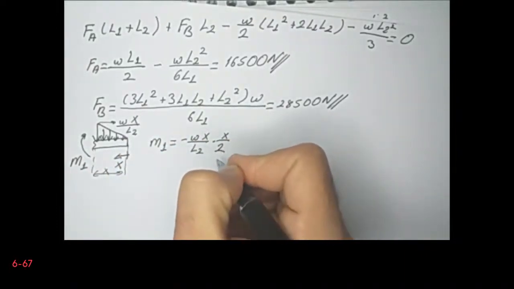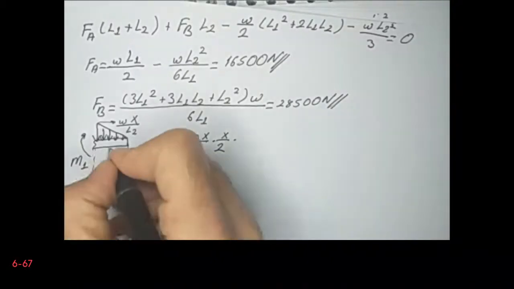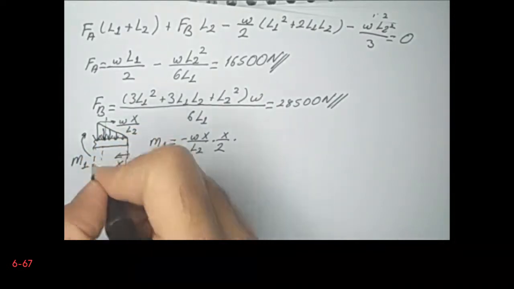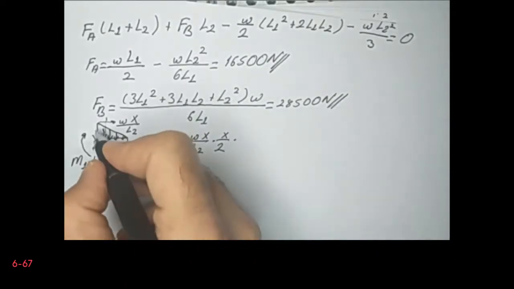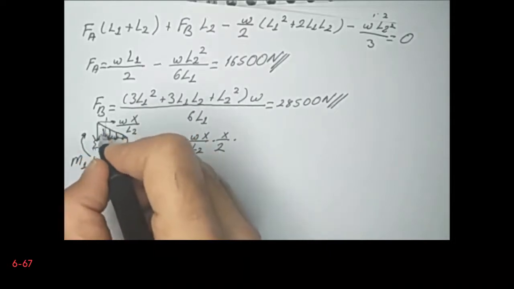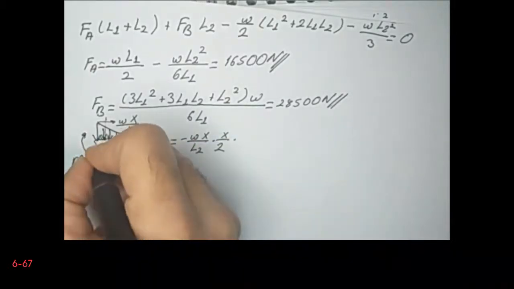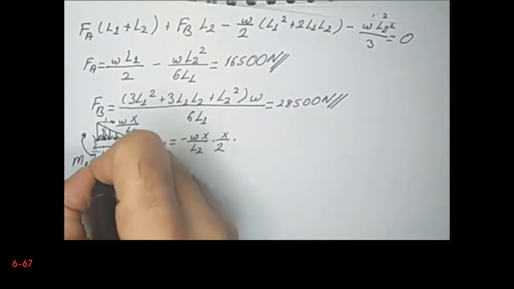This is the resultant force multiplied by, I know that the resultant force of this distributed load will act at the centroid of this area, that is X divided by 3.